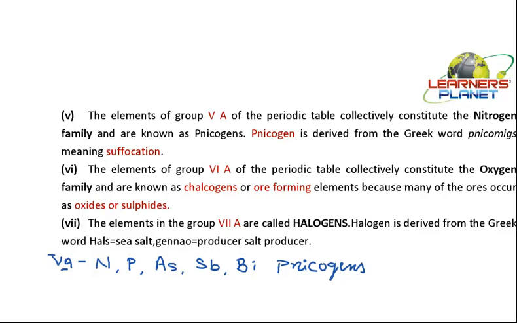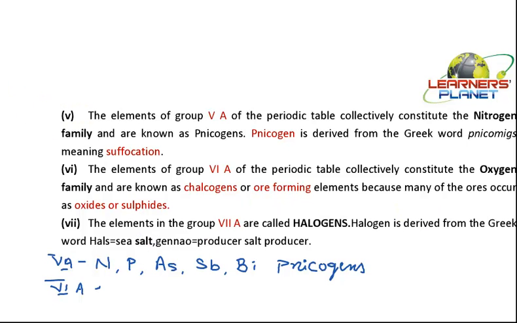Now we have got group 6A. The elements of the group 6A of periodic table collectively constitute the oxygen family, and these are known as chalcogens. Now what do you mean by chalcogens? Chalcogens are the ore forming elements, because many of the ores occur as oxides or sulfides.